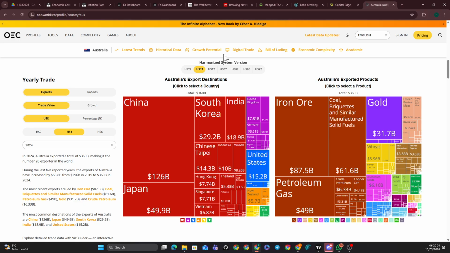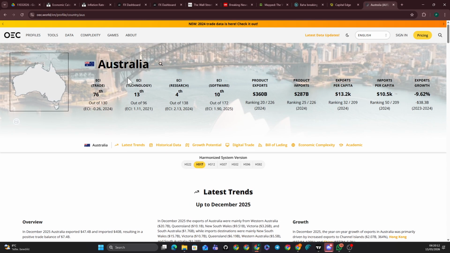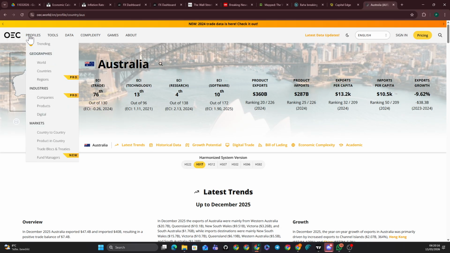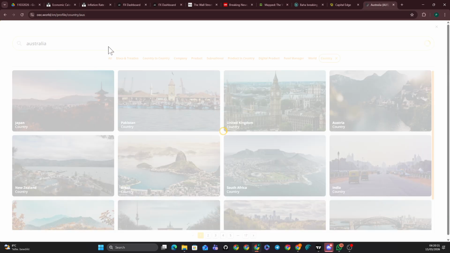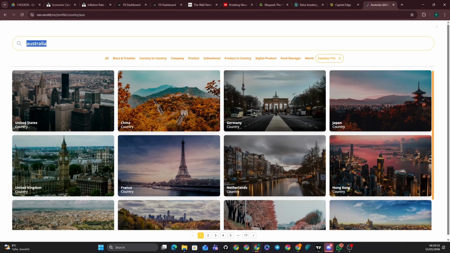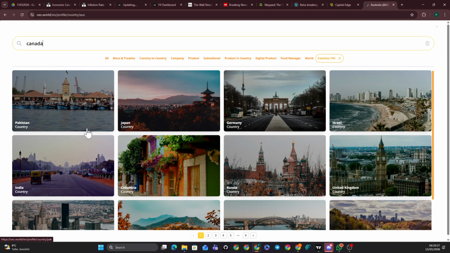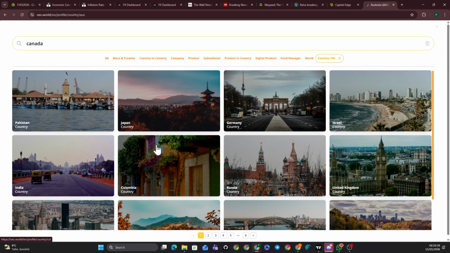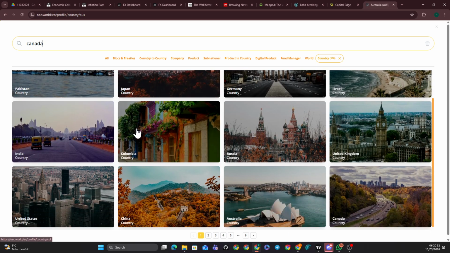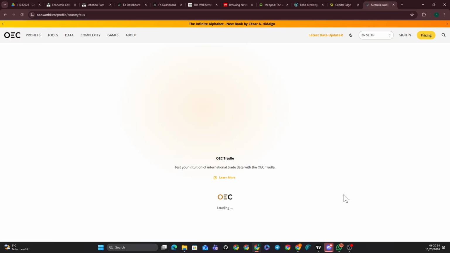This war scenario is kind of positive for Canada, because Canada is a country which survives basically only on crude oil. This is very basic stuff I'm talking about, nothing difficult, not rocket science. Where is Canada? China, Australia, Canada, here we go.